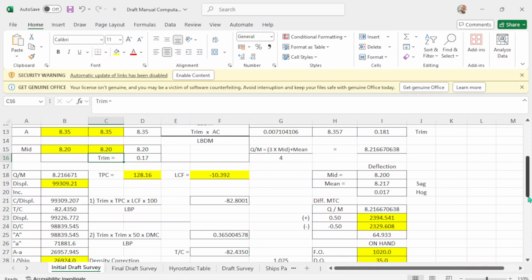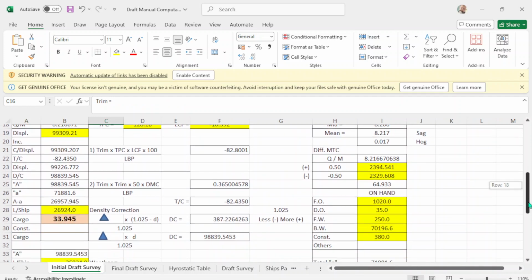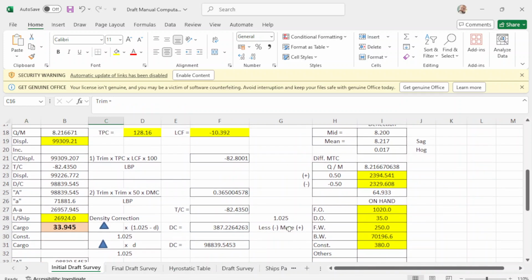Okay. Now next we will update the ROB, the fuel oil. So how much is the fuel oil here?